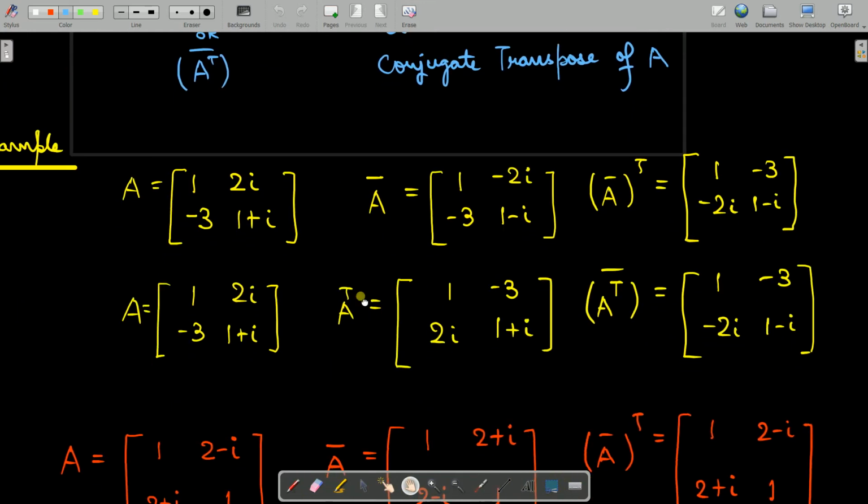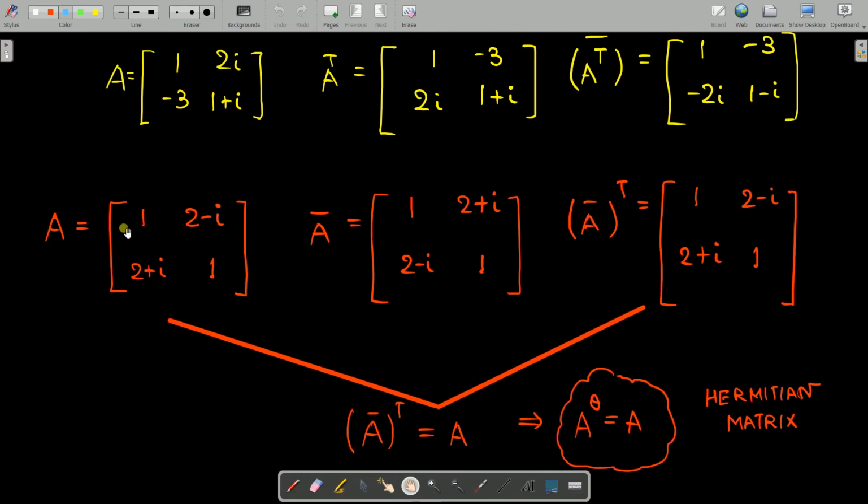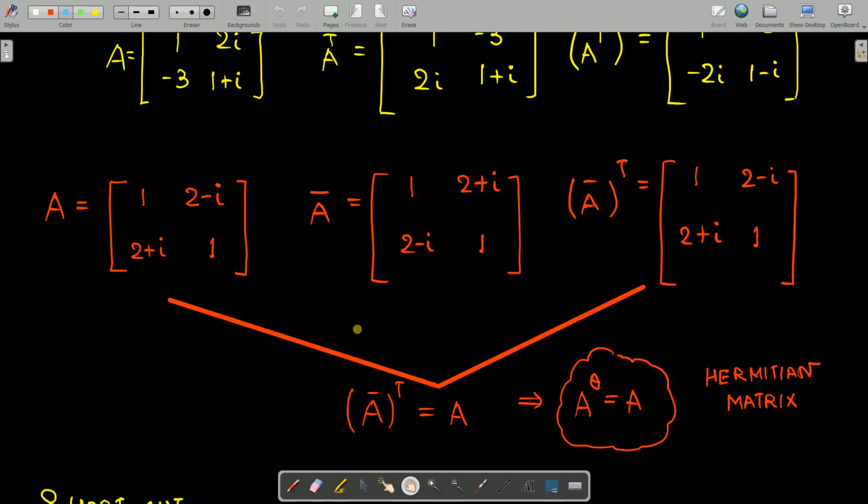Now let's say we have a matrix A which is 1, 2 minus i, 2 plus i and 1. We are interested to check whether this is Hermitian or not. What is the logic to check Hermitian? I need to check whether the conjugate transpose becomes the original matrix or not. So first I will find the conjugate.